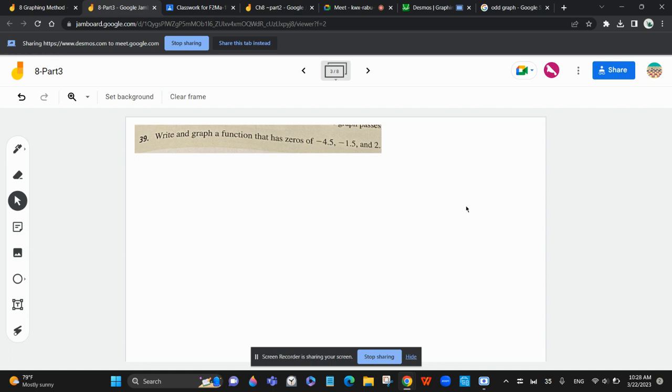Write and graph a function that has zeros 0, -4.5, -1.5, and 2. So sounds like you need to use the intercept form to construct the function. Yeah. 2x minus 2.